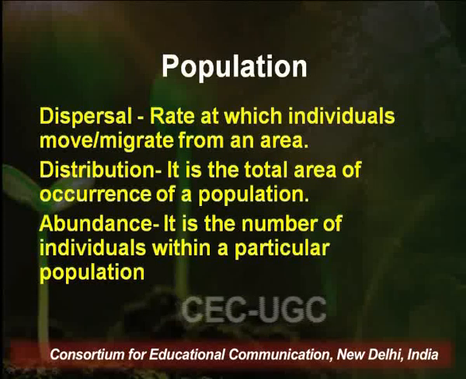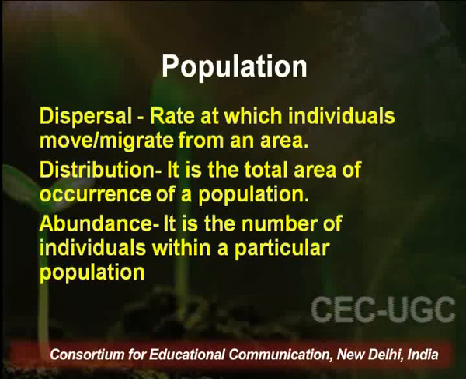Now, what is the abundance of a population? It is the number of individuals within a particular population. So, in one population, how many individuals are present? That tells about the abundance. Now, moving on to the structural attributes. These include parameters such as age, distribution, dispersion, etc.